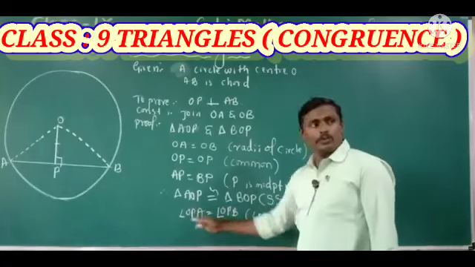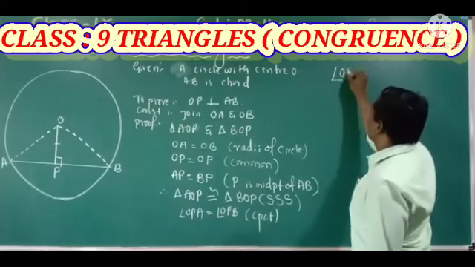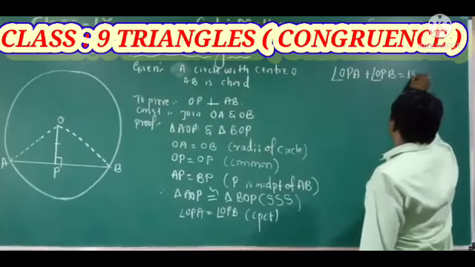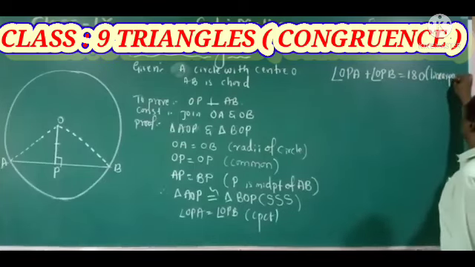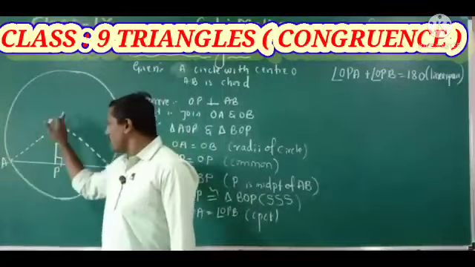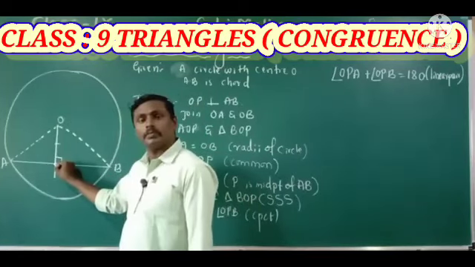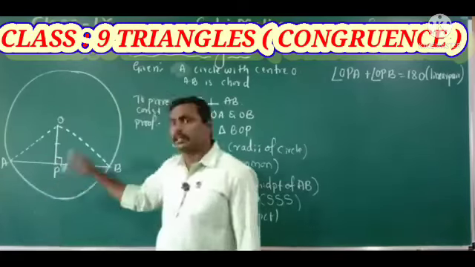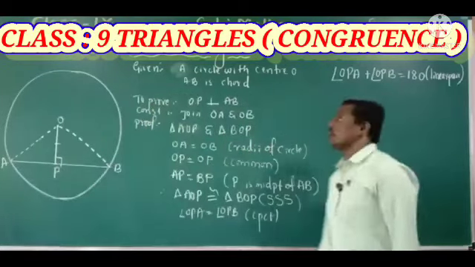Right? Once we prove that these two angles are equal, take these two angles: angle OPA plus angle OPB is equal to 180 degrees, because the sum of these two adjacent angles forms a linear pair. Angle OPA and OPB originate from the same point P, so the two angles have one common point P. At point P, it makes an angle of 180 degrees.